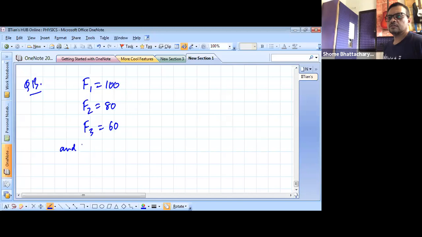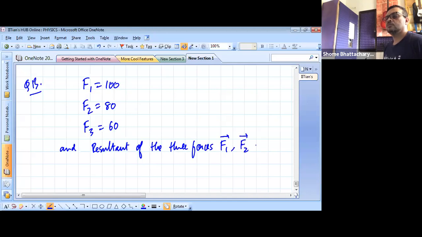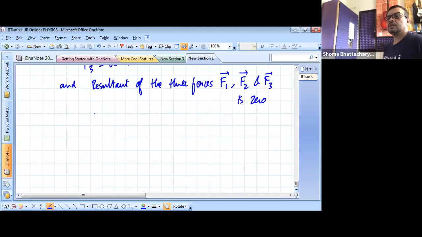Given that the resultant of the three forces F1, F2 and F3 is 0, this is in Newtons. You have to find the angle between F2 and F3.